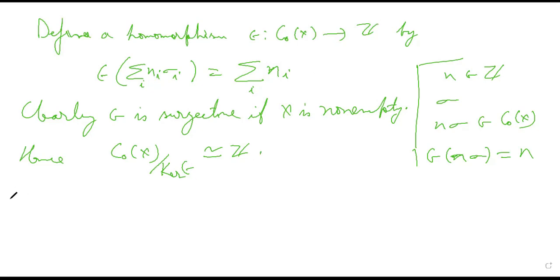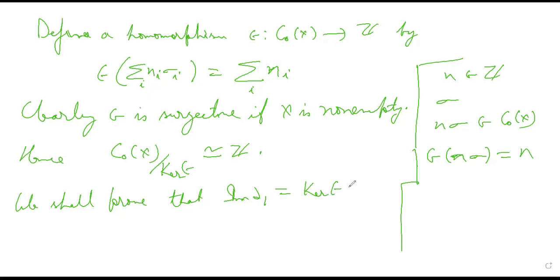Now, we shall prove that image boundary 1 is actually equal to kernel epsilon.